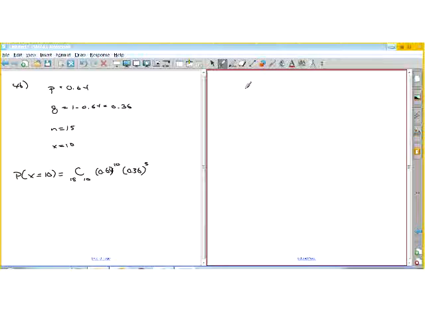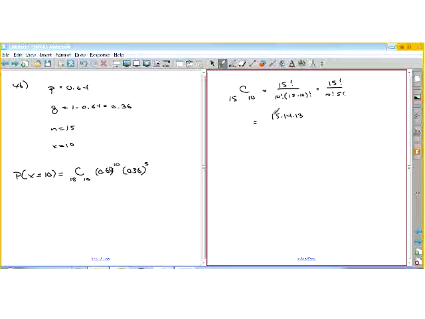Okay, so all we have to do now, as before, is figure out what this combination number is. So we have 15 factorial over 10 factorial times 15 minus 10 quantity factorial. 15 minus 10 is 5.